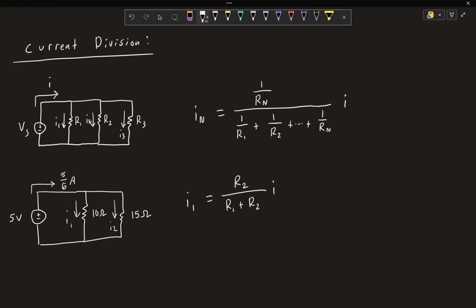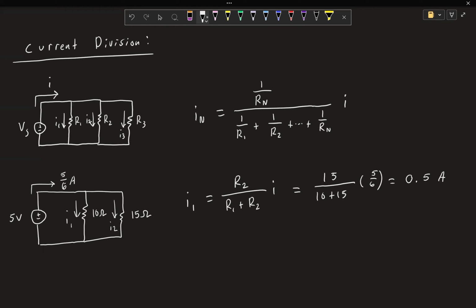So here, if we wanted I1, we would say, okay, I1 goes through the 10 ohm resistor. So we're going to use the 15 in the numerator over 10 plus 15 times that current, which is 5/6, and that comes out to be 0.5 amps.